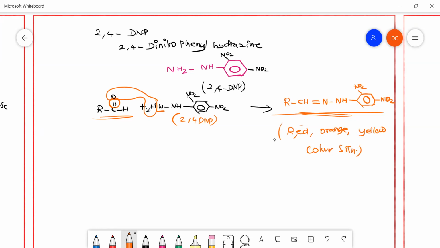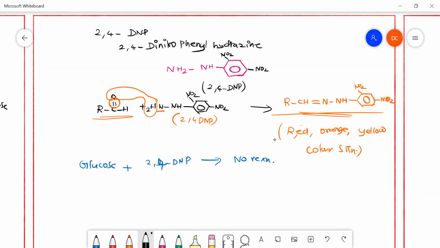So when aldehydes react with 2,4 DNP, they form either a red, orange or yellow solution. But when glucose reacts with 2,4 DNP, it does not show any result. No reaction, which means what?